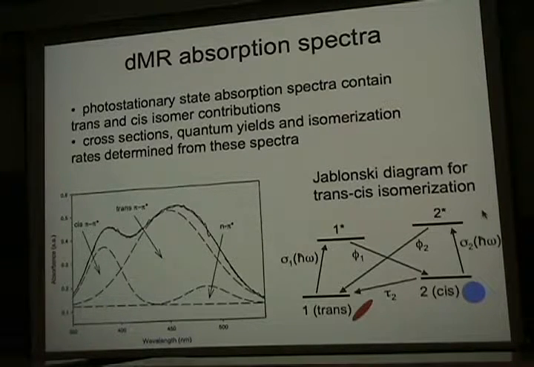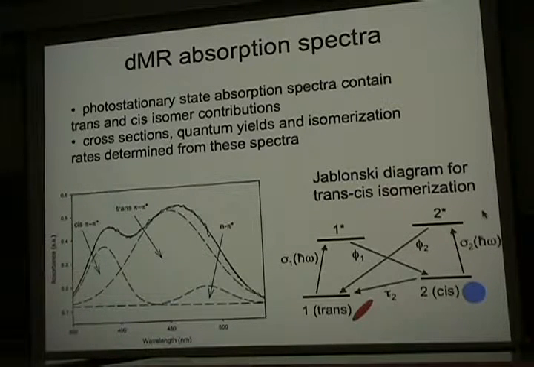This figure is adapted from an earlier thesis on DMR, and basically shows the electronic absorption spectra of the DMR molecule in solution, and how the composite spectra that you measure, so this would be the spectra of a DMR solution that is being illuminated by the correct wavelengths of light. That composite spectra is composed of two different electronic absorptions, one for the trans and one for the cis isomer.